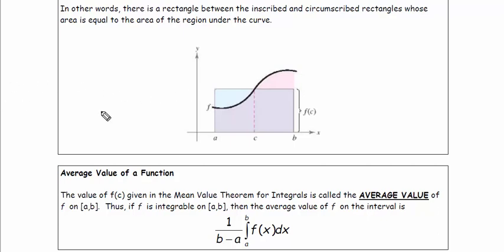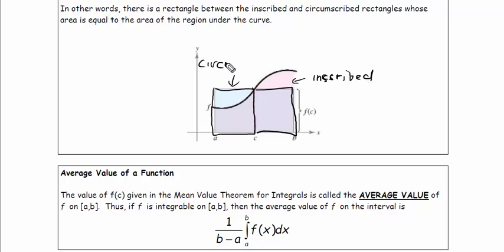So remember that this is circumscribed, meaning that it is above the curve, and this is inscribed, meaning it's all under the curve. So that's the inscribed one, and that is the circumscribed one. Just remember those words.